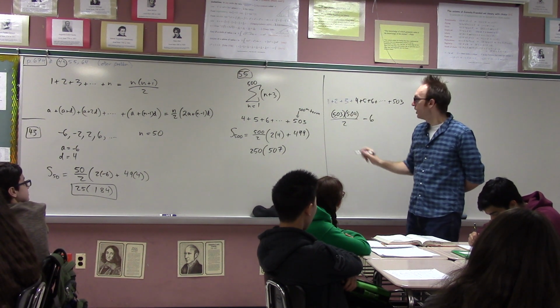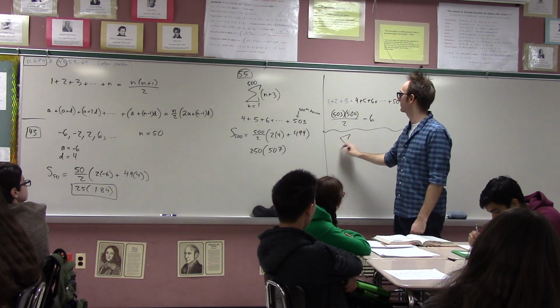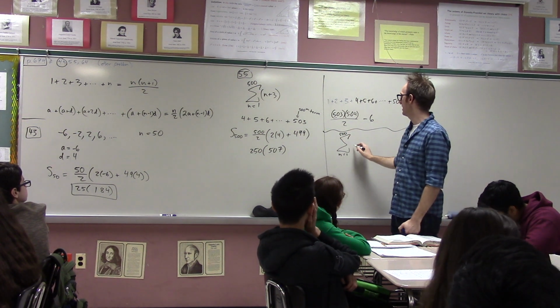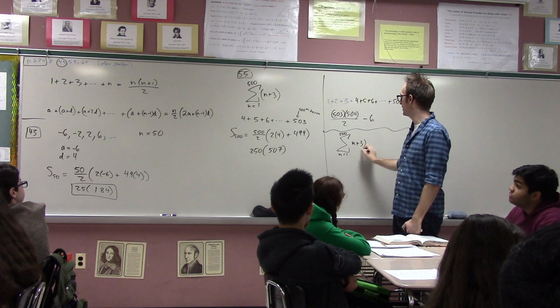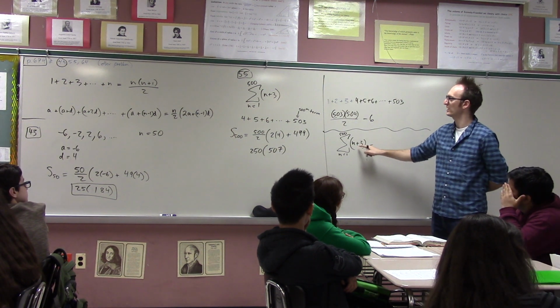Cool. Even another way, this is the I'm-not-scared-of-sigma-notation way. So you have the sum from n equals 1 to 500 of things of the form n plus 3. You could split this up into adding n and 3, and n and 3, and n and 3.